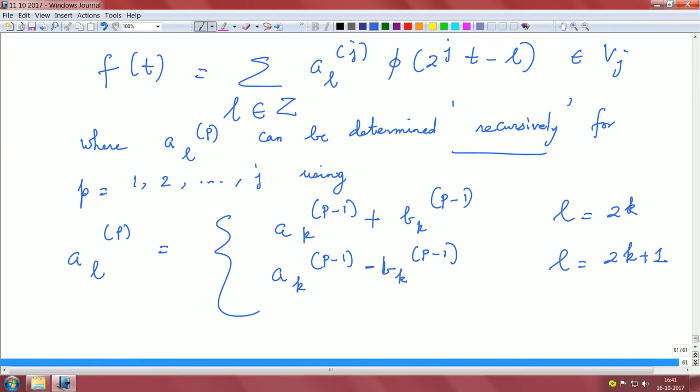So, I think this is the statement of the theorem and the procedure that we derived is basically the proof of the theorem.